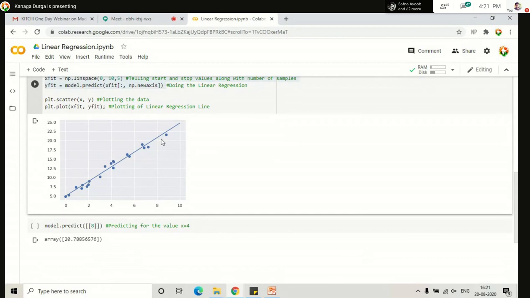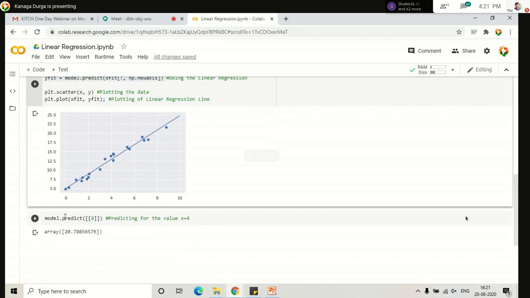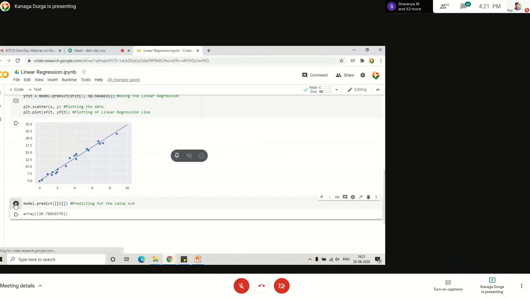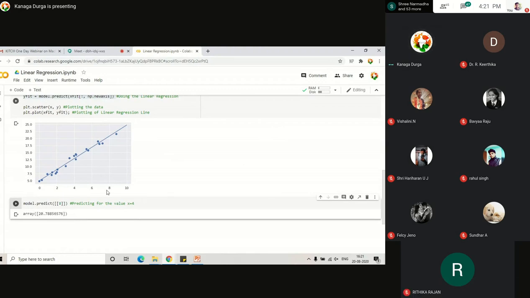From this, our main aim is to train our model to understand the variation in data and predict the future outcome. Say, for example, my model doesn't have input for 8. So I have to predict how, if I give an input, my output is going to vary. Now if I give my model predict of 8, the output I get is going to be 20.7, somewhere over here.